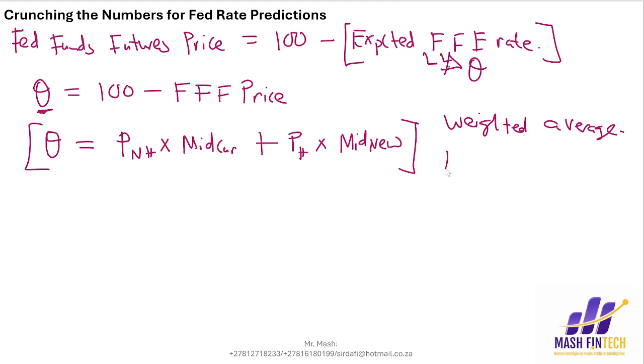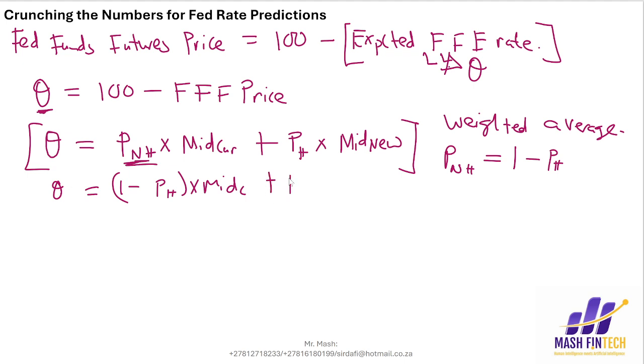The sum of probabilities must add to 1. So the probability of no hike must just be 1 minus the probability that there's going to be a hike. So the effective federal funds rate is equal to 1 minus the probability of a hike, multiplied by the midpoint of the current range, plus the probability of a hike multiplied by the midpoint of the new range.